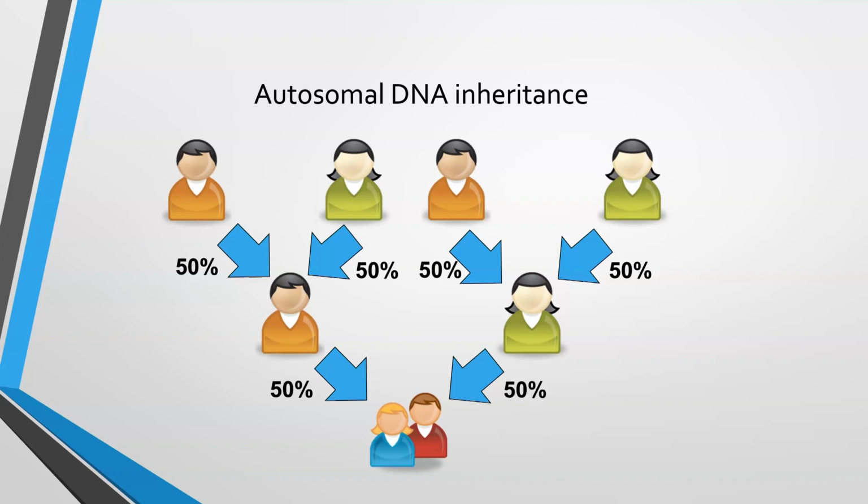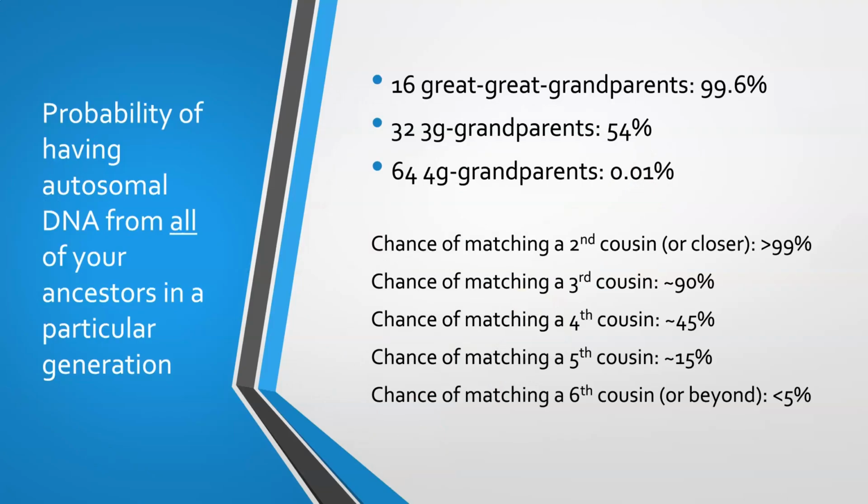So what does that really mean in terms of our inheritance of autosomal DNA from our ancestors? Well, here's the probability that you have some autosomal DNA from all of your ancestors in a particular generation. If we get back to your 16 great-great-grandparents, it's almost certain that you do carry some amount of autosomal DNA from each of those 16.